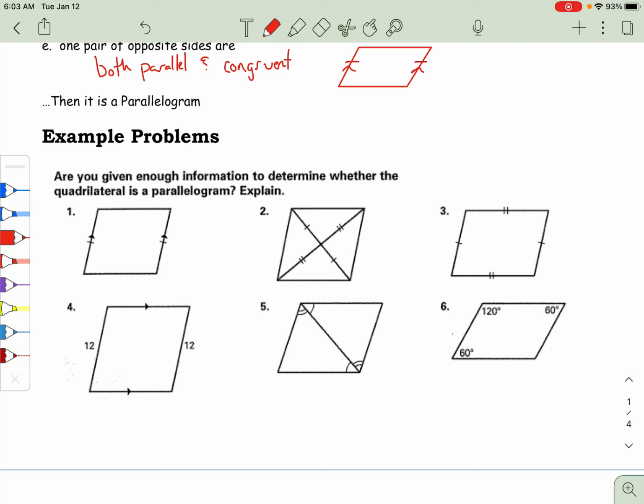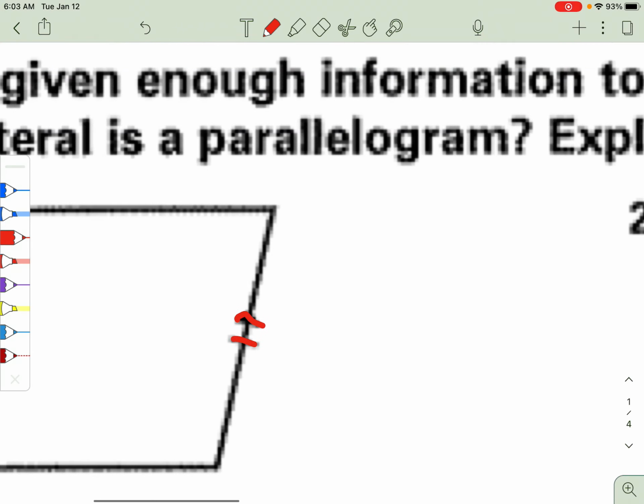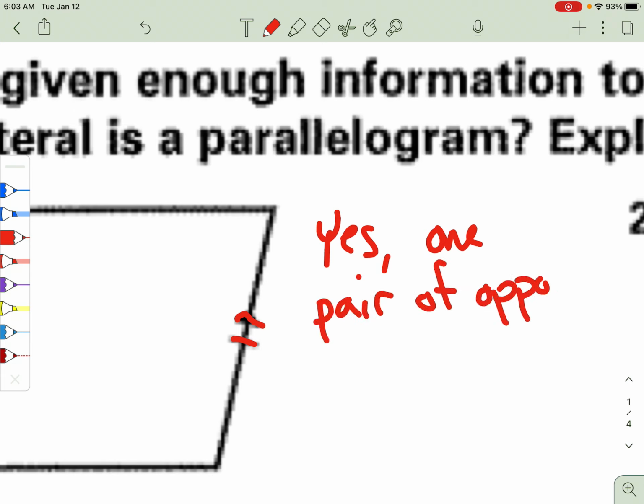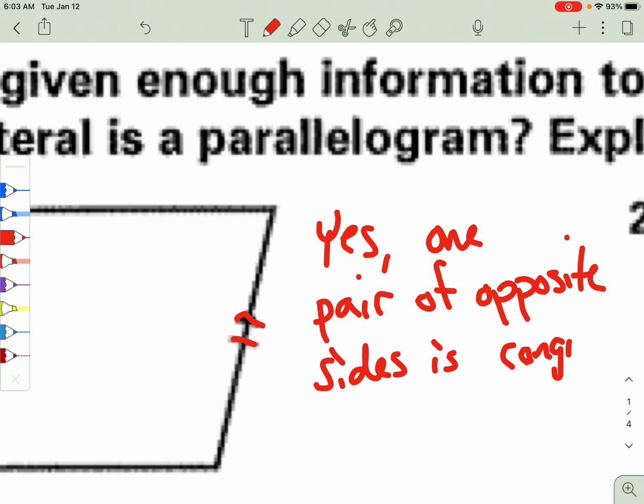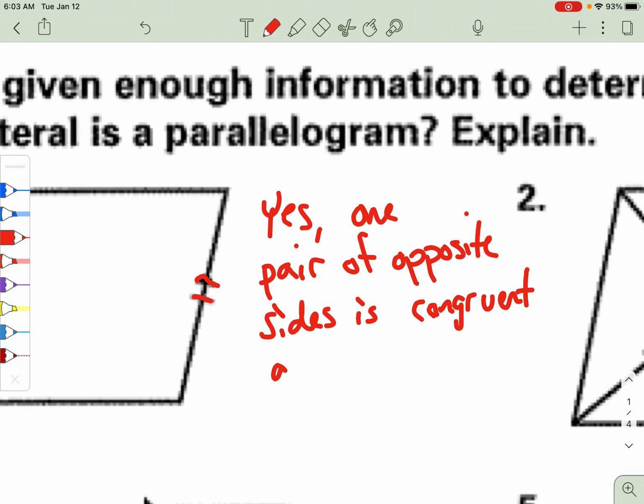So let's go through some example problems. Are you given enough information to determine whether the quadrilateral is a parallelogram? If so, explain why. Number 1, the opposite sides are both parallel and congruent. So yes, because one pair of opposite sides is congruent and parallel.